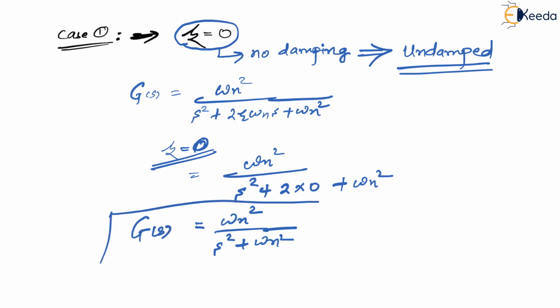So this is basically your impulse response, but this impulse response is in Laplace domain. You want it in time domain. So if you want it in time domain, which means you will be immediately applying what? Inverse Laplace transform for the same.